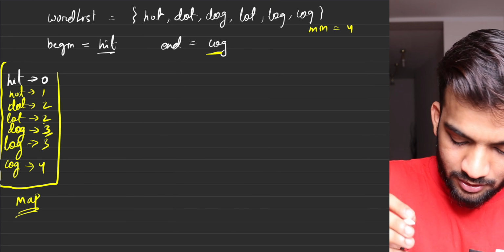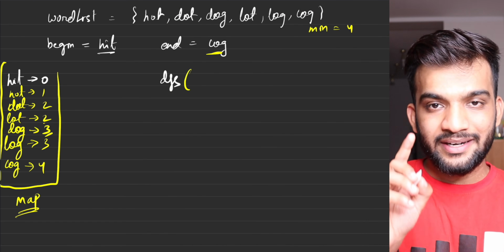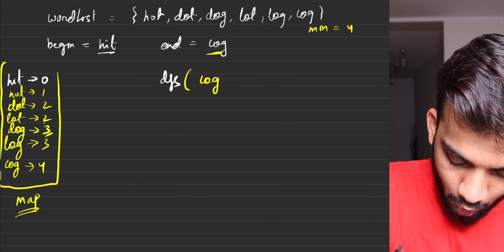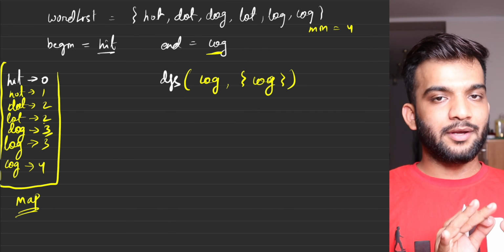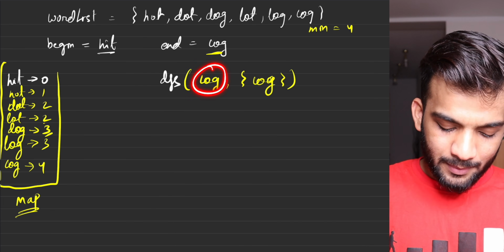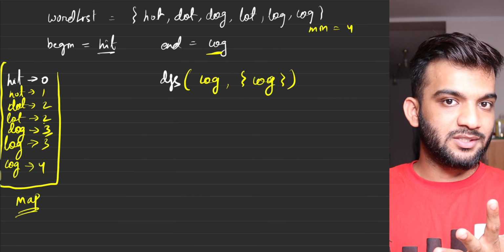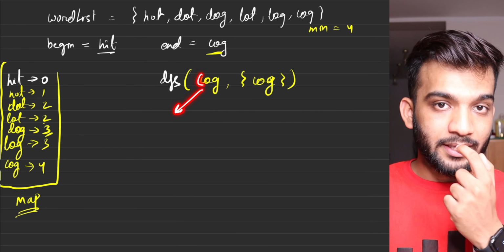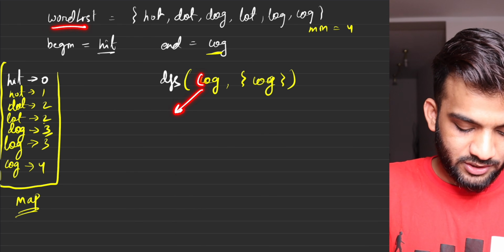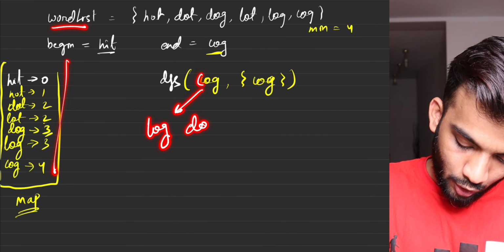So you have seen what step 2 is, from the end to the beginning. I'll do a simple enough DFS call from cog, saying the sequence contains cog. We're going to travel in the backward direction. So what can cog be converted to? Cog can be converted into a lot of things, right? But the only valid things in the word list or in the map are log or dog.